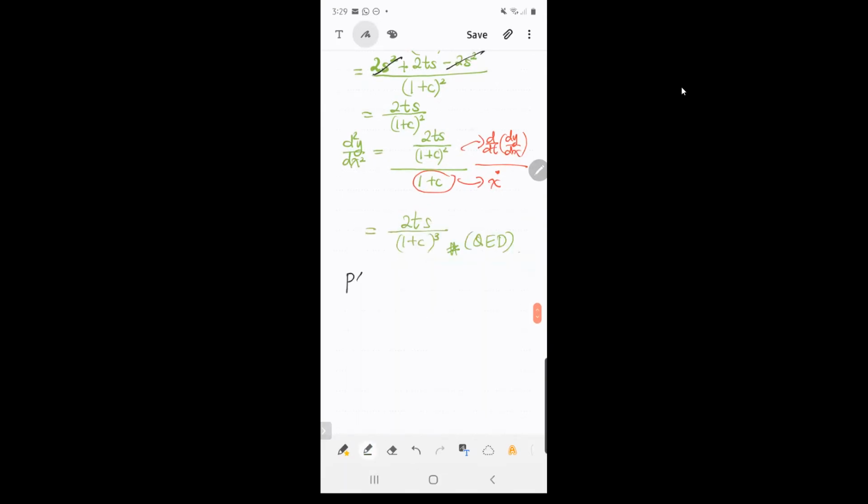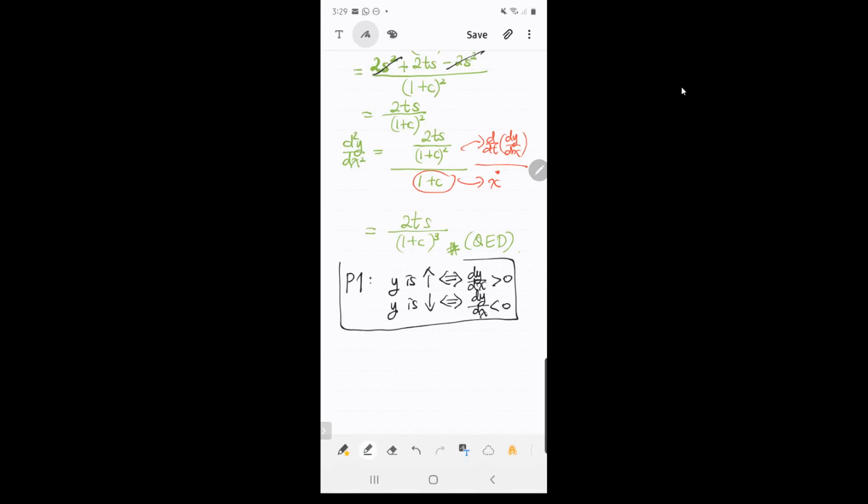Now, P1 states that y is an increasing function if and only if dy dx is more than 0, correct? And then the other way is, you say y is decreasing if and only if your dy dx is less than 0. Okay, so this is what you learn in P1.